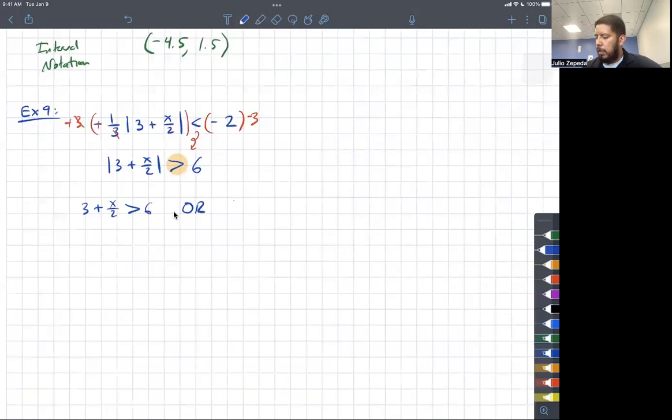Or if 3 plus x over 2 is less than negative 6, that would give me solutions as well. So now we have 2 inequalities that we need to solve for x. They have a fraction in them as well, so I'm going to go ahead and multiply by 2. And I'll solve both of these at the same time.